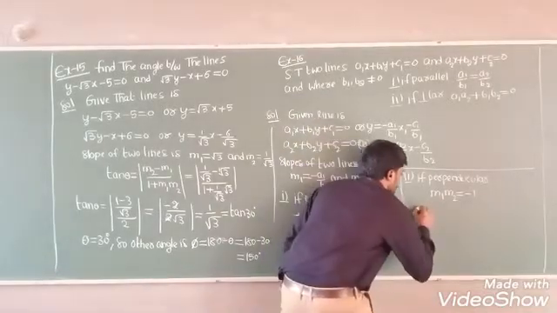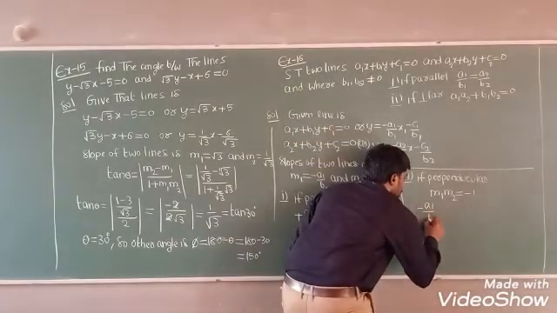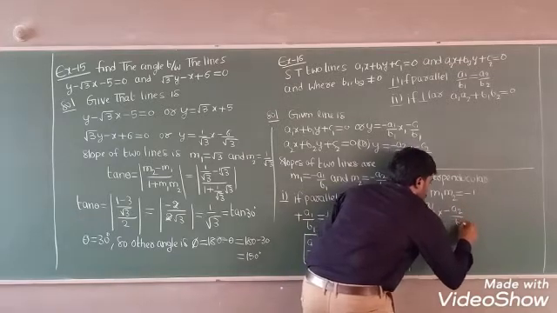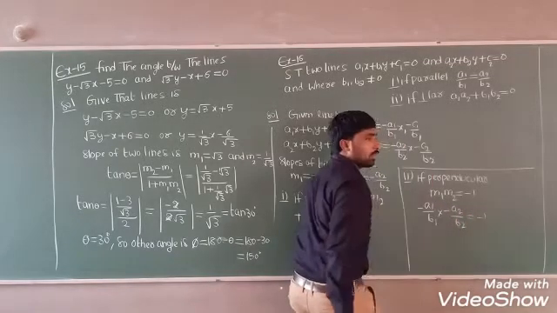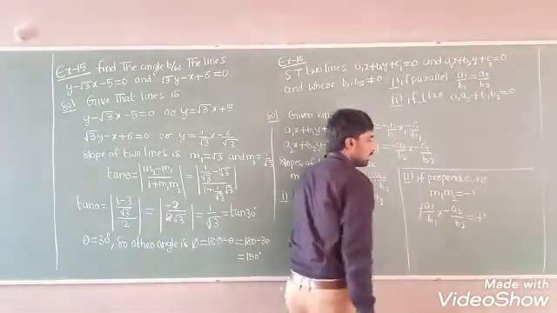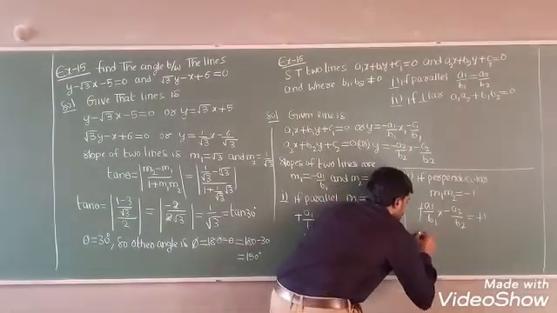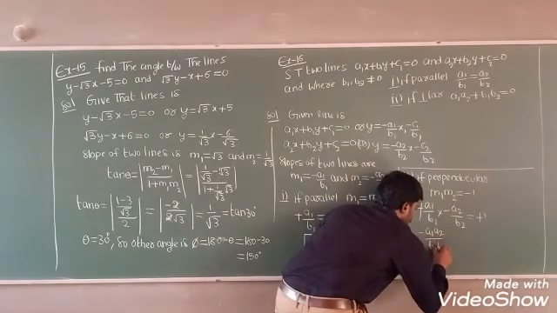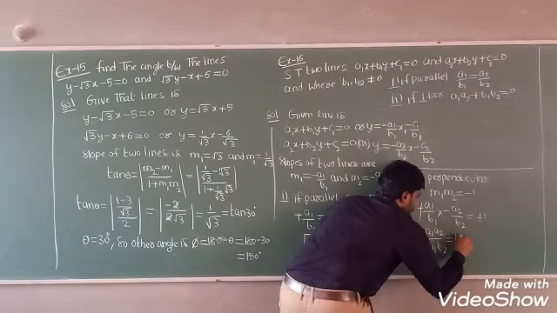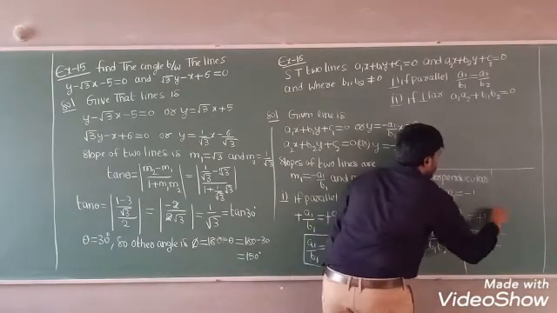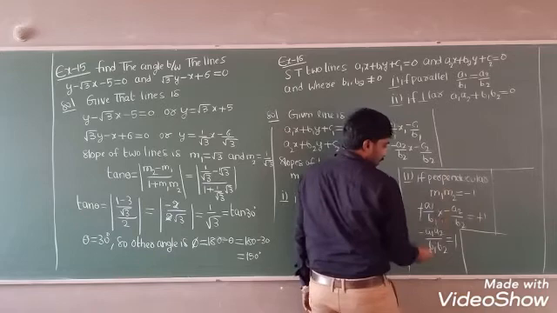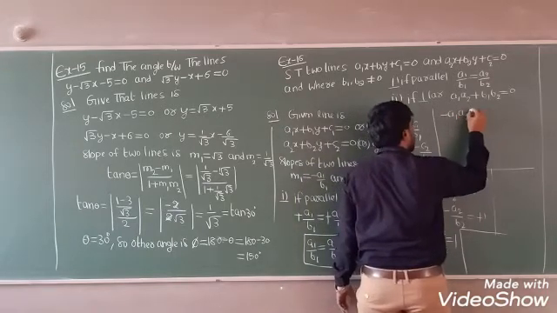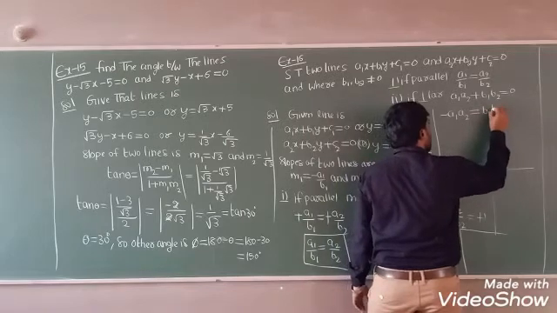Okay. What is m1 here? Minus a1 by b1. What is m2 here? Minus a2 by b2 equal to -1. Okay. Minus minus gets cancelled. So what I will get here? a1 a2 by b1 b2 equal to minus 1. So if I cross multiply, what I will get? a1 a2 equal to minus b1 b2.